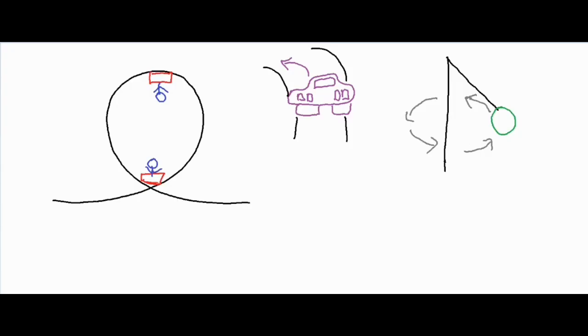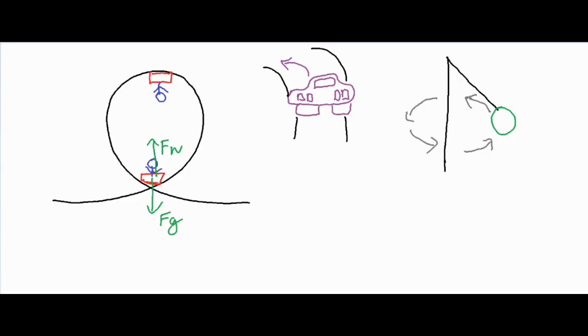So what you're going to do is you're always going to start out by drawing your forces on the object that you're focusing on. So if we're taking a look at the person, they're going to have a force of gravity, and they're also going to have a normal force upwards.